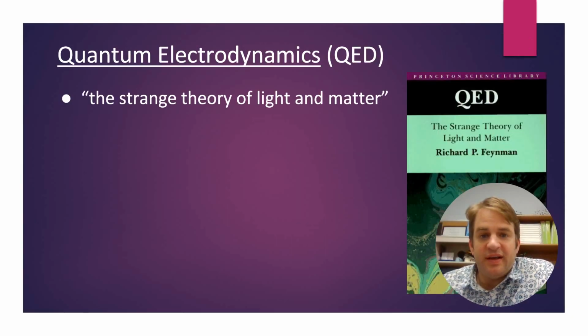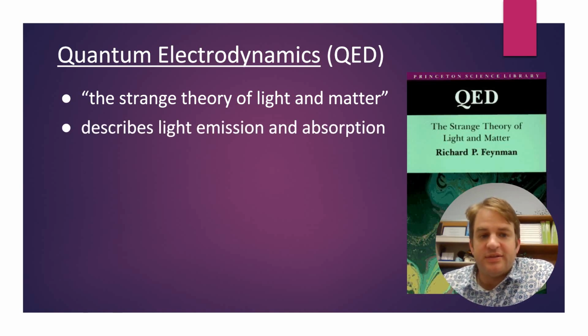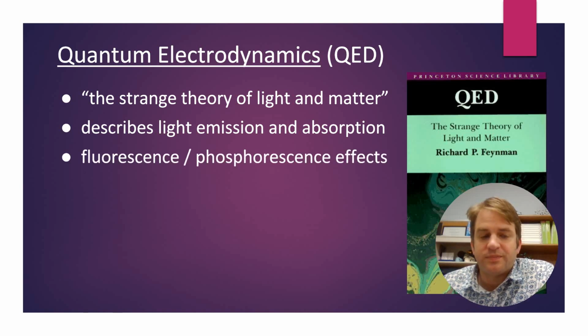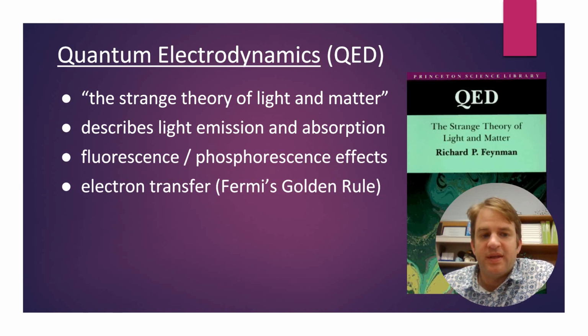This brings us to the idea of quantum electrodynamics, also known as QED, or the strange theory of light and matter. It describes light emission and absorption by matter, such as fluorescence and phosphorescent effects.